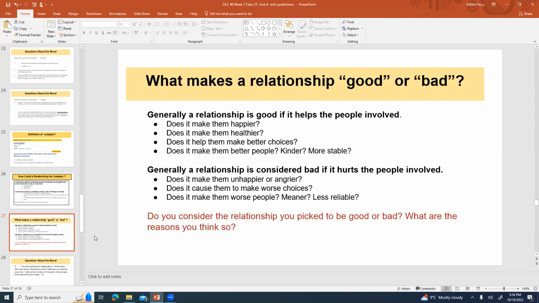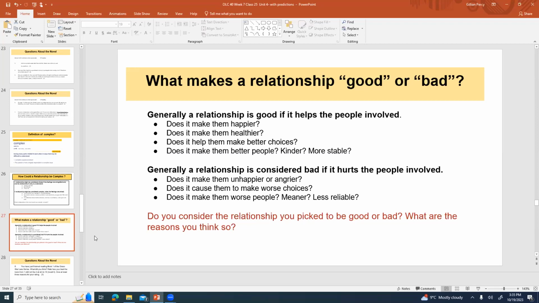Generally, a relationship is considered bad if it hurts the people involved. Does it make them unhappier or angrier? Does it cause them to make worse choices? Right? Does it make them worse people, meaner, less reliable, going out for vengeance?